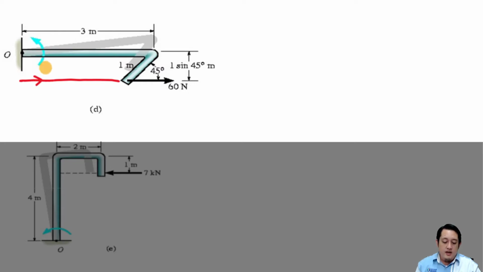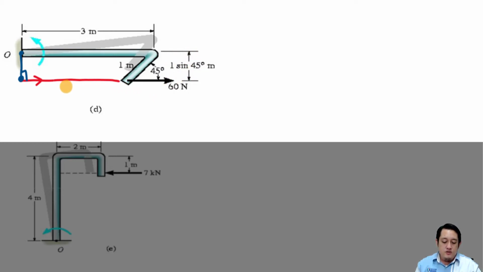The rotation point is at point O here, means that our distance is from here straight downwards up until here. This one is the 90 degrees. So which one is this 90 degree distance here? 3, 1? No. The 90 degree distance here is this one, 1 sine 45.